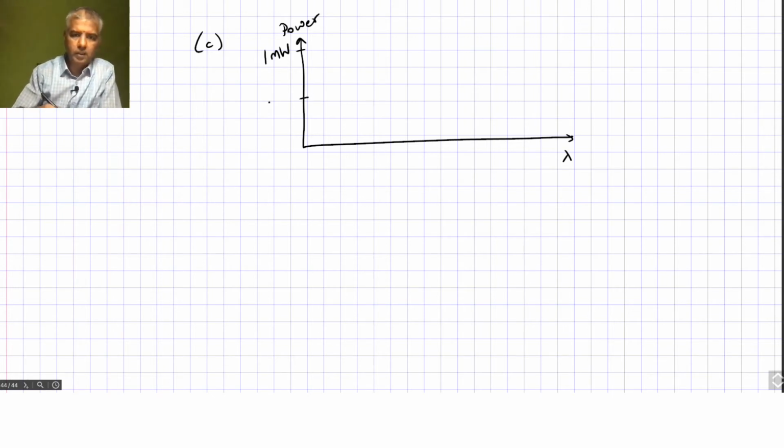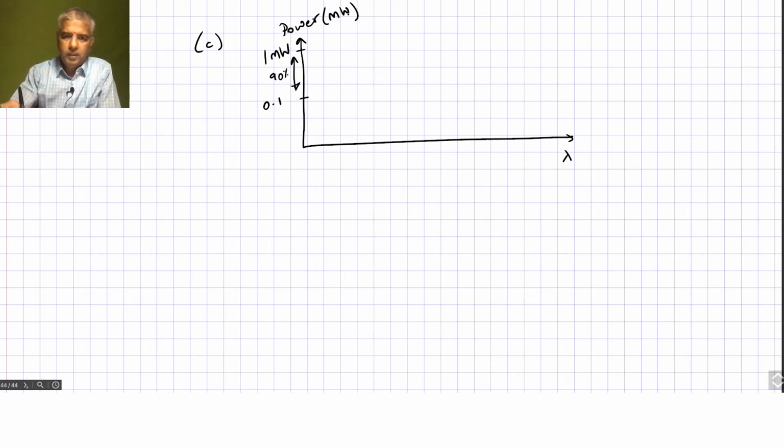So 90% is lost, right? So what we have remaining is only 10% of that. So that's actually 0.1. Let's say this is expressed in milliwatts. So we have a value of 0.1.